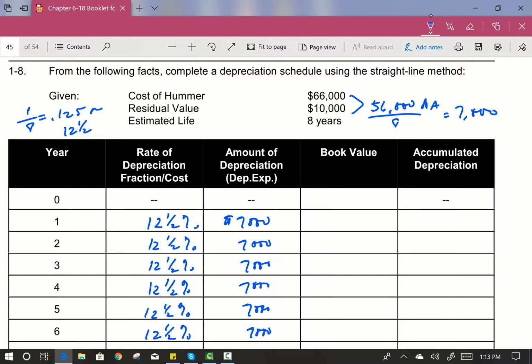Put a dollar sign right there. Okay, so the book value is originally $66,000, and we did subtract out the residual of $10,000 to give us a depreciable amount of $56,000.